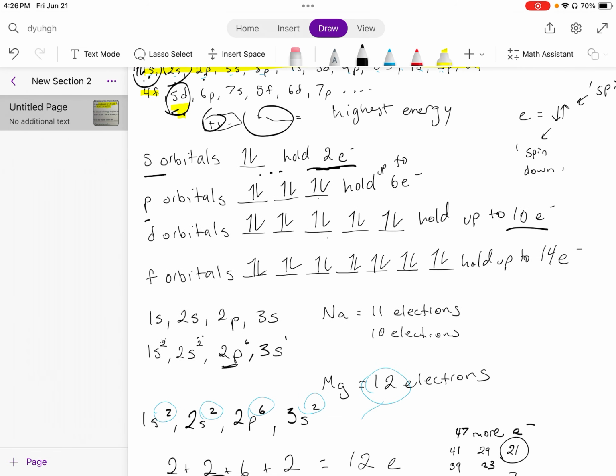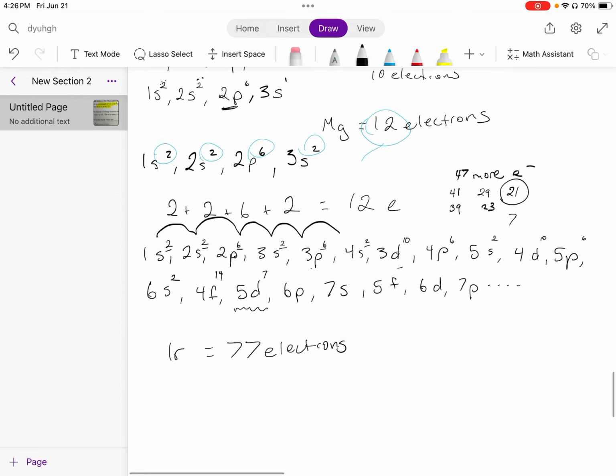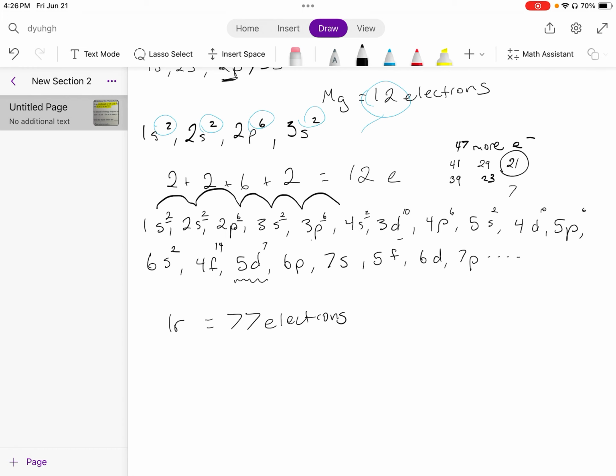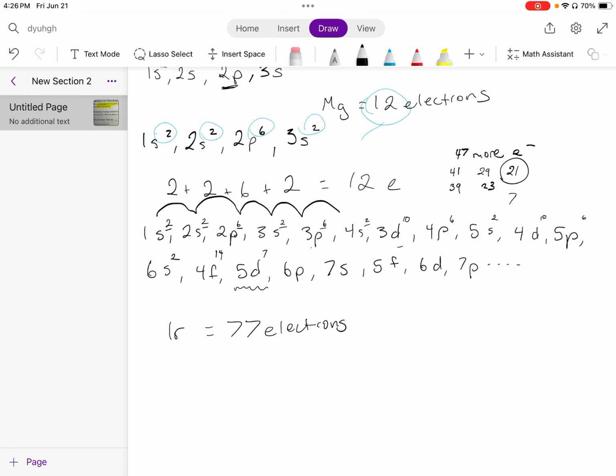So s, 2, p, 6, d, up to 10, and f up to 14. So basically, you can do it whichever style you like. At the end, you kind of saw I was just subtracting after each one to see if I had enough to fill up the next one or not, right? So it's just a matter of counting.